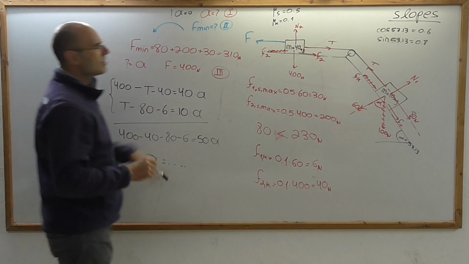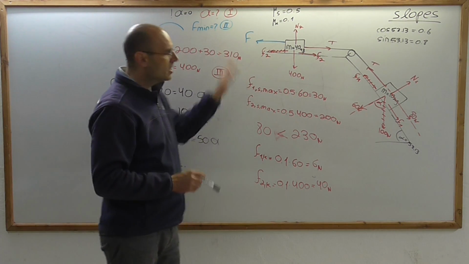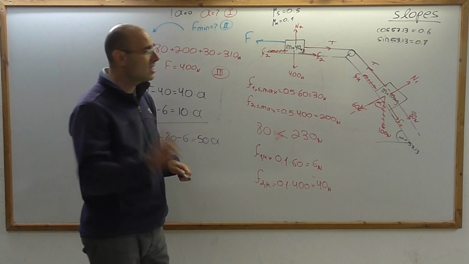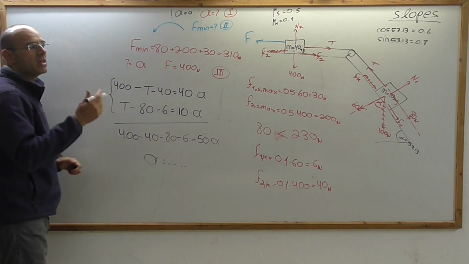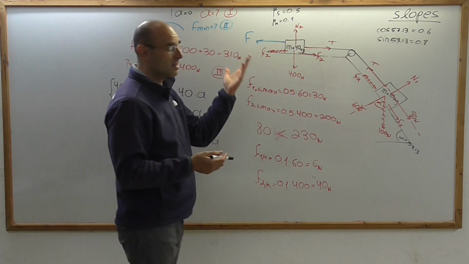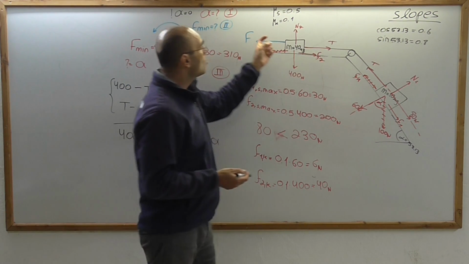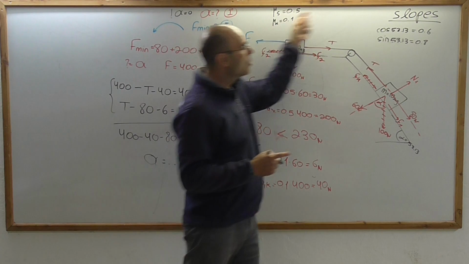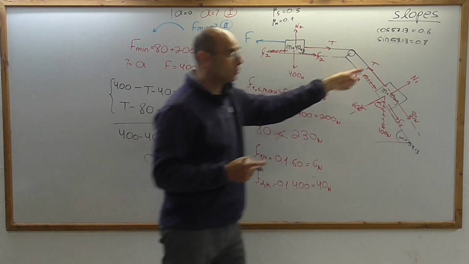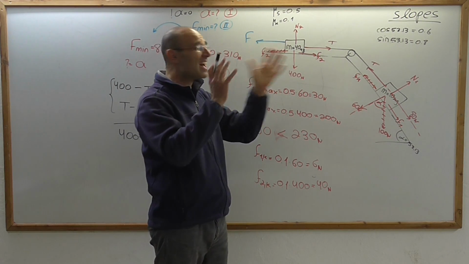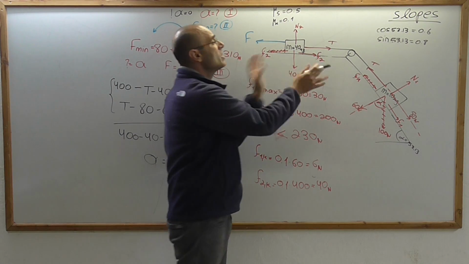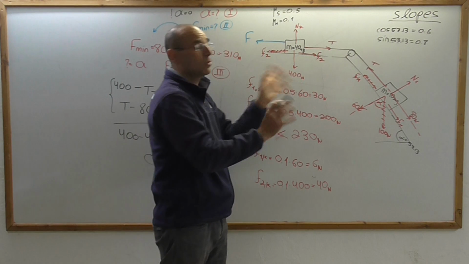Okay, so let's conclude this system. We saw that if F is nothing, it won't move, but the tendency is to move this way. What happens if F is bigger than 0? Up to 80, it will want to move that way, but it won't move. If it's exactly 80, it has no tendency to move, so there will be no frictions at all, but it won't move.